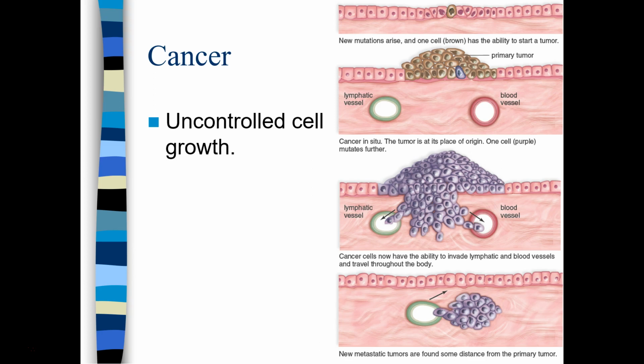And we are all acquiring mutations all the time. This is why your chance to get cancer increases as you age, because you've just had more time. If you acquire one new mutation every week, most of those mutations don't really do anything. We've got loads of DNA that isn't really involved in genes, that doesn't code for genes.